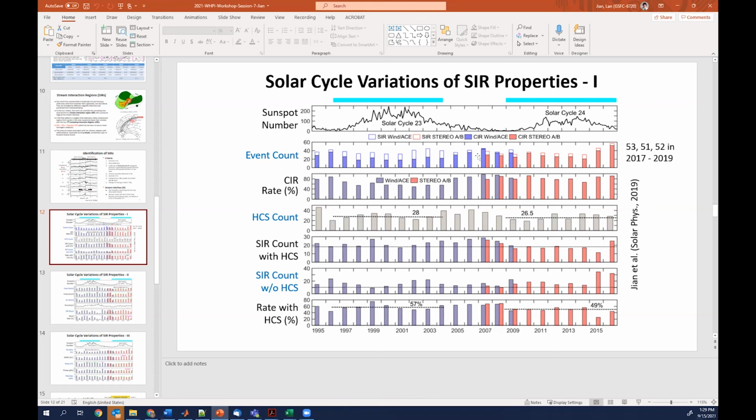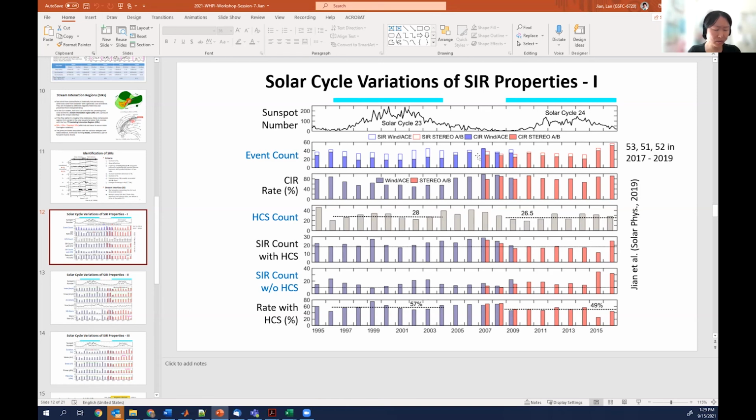So, if we're trying to see variations from 1995 to 2015, do we need to correct one data set with respect to the other? And I guess if you said it was because STEREO's instrumentation was not as good and couldn't detect them as well, and so your algorithm didn't pick them out.